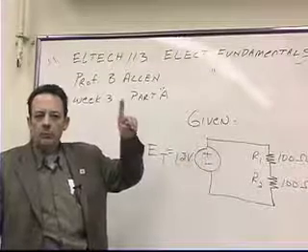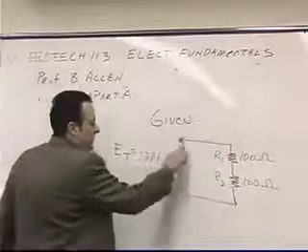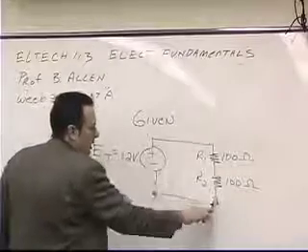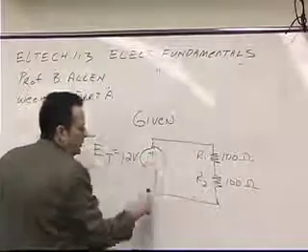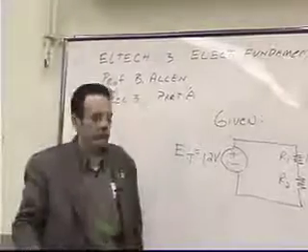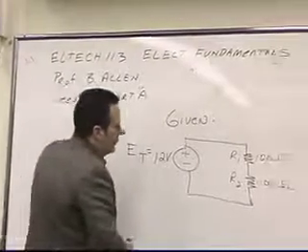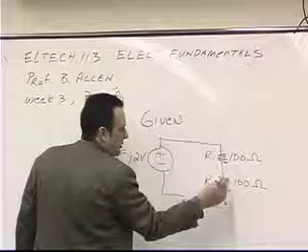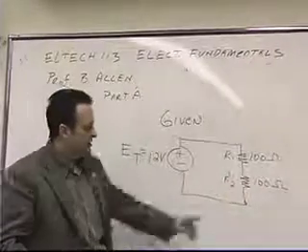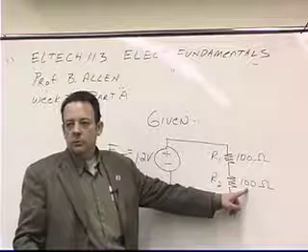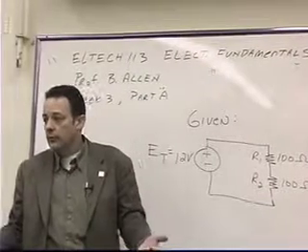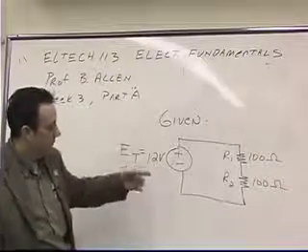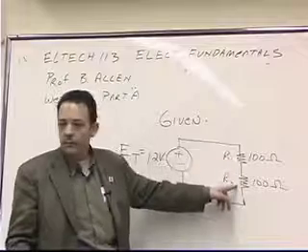Would it be a fair statement to say this is a closed loop? So does Kirchhoff's voltage law have to apply to this loop? Yes, it does. So Kirchhoff's voltage law says that this source voltage must be equal to this drop plus this drop. Now, since these are equal resistors, would it be fair to say they have equal voltage drops? Since this is 12, would it be fair to say that this would be half and this would be half?